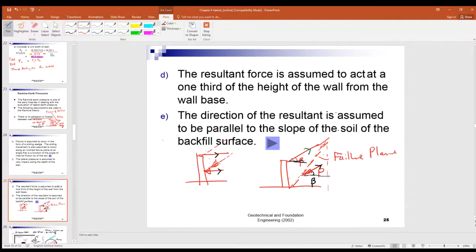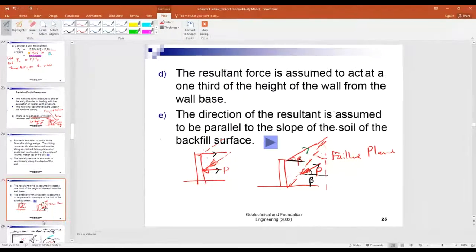So always parallel. So that's P, okay? The P is parallel to the sloping surface. P is the resultant force or the total soil thrust.